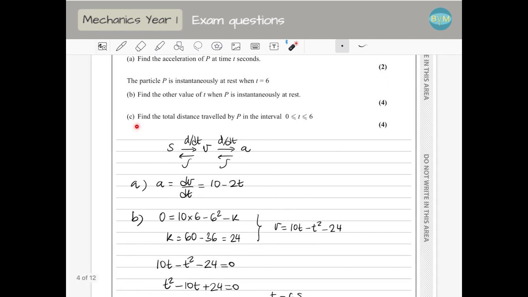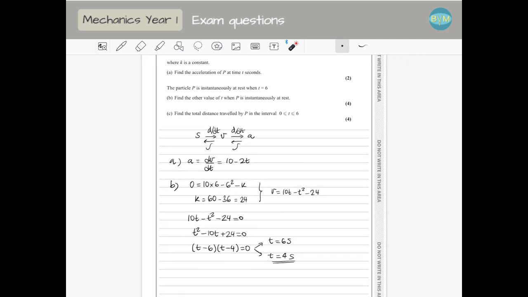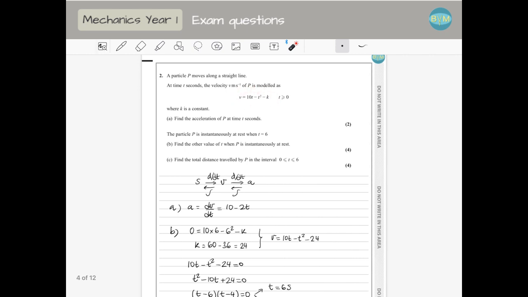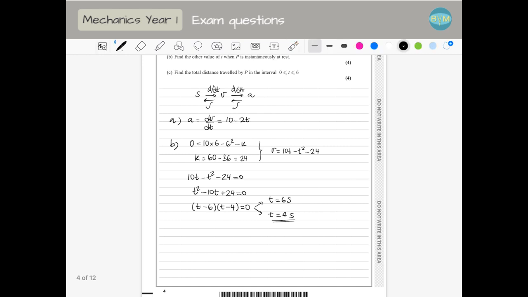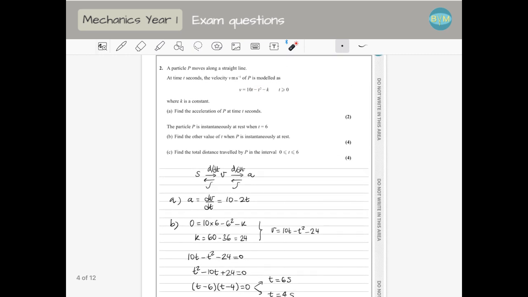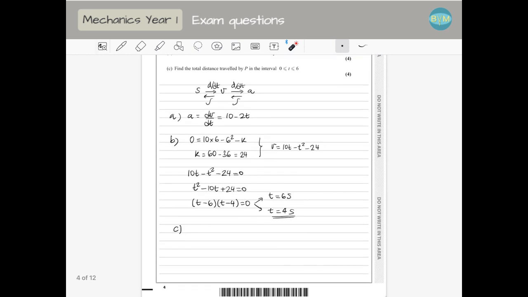Then find the total distance traveled by P in this interval. Now we know the roots, so we know when the velocity is 0, and we know that this is a quadratic. So be careful, because I'm going to show you. If we represent a quadratic, it's a u upside down, because the t squared coefficient is negative, and the roots are 6 and 4.